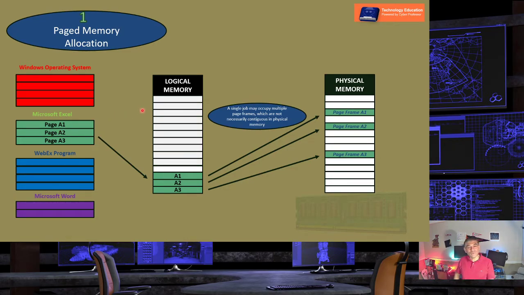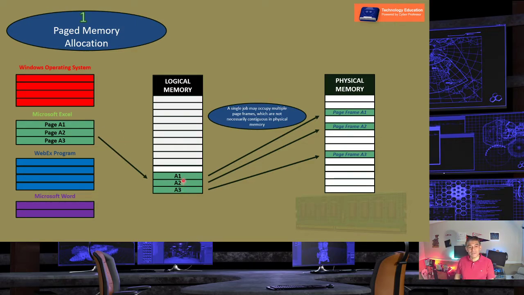And that view is the logical memory view that we have depicted here in the middle. In this view, 3 contiguous spaces are taken by Microsoft Excel and nothing else. Only Microsoft Excel resides in memory, in the eyes of Microsoft Excel.